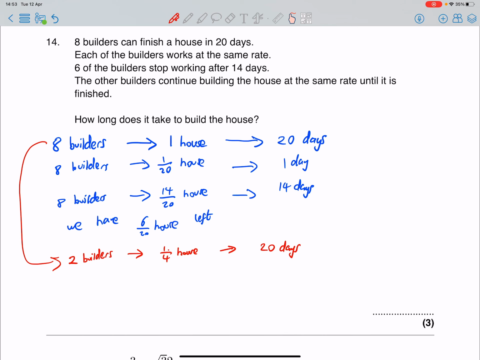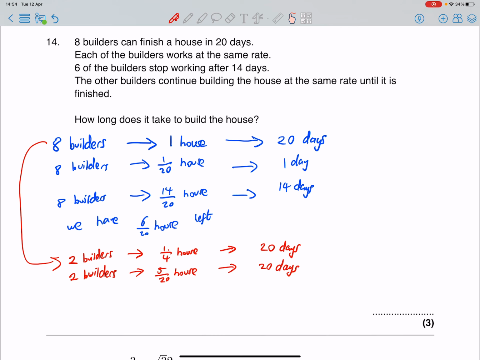Okay, and now we need to work out how long it's going to take them to build 6/20ths of a house. So first of all, note that a quarter is the same thing as if I times the top and bottom by 5, I get 5 over 20. So that's 5/20ths of a house. That's still going to be 20 days.